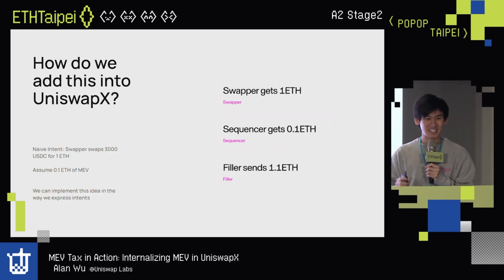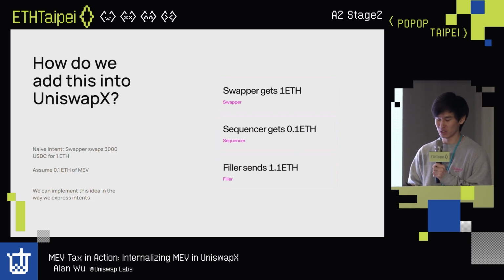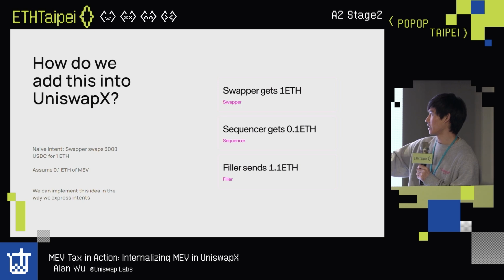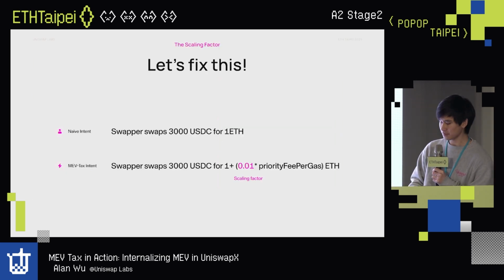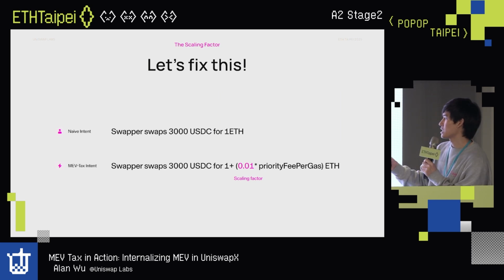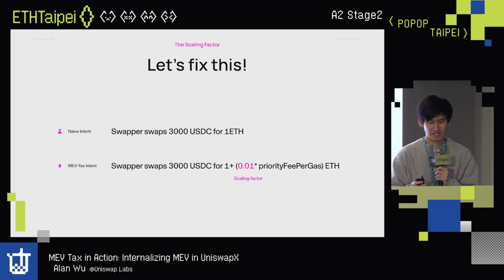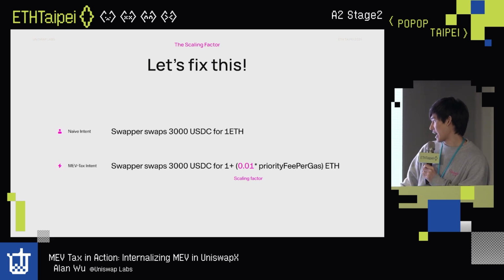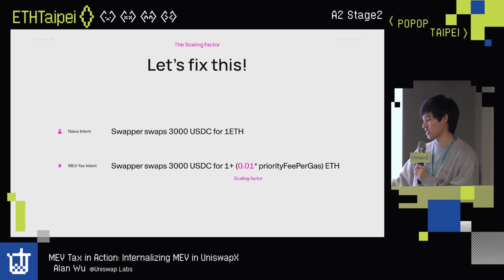Now let's get into how we can implement this into UniswapX. So here is the naive intent we had before. Swapper gets 1 ETH, all the priority fees go to the sequencer, filler sends 1.1 ETH to fill the order. So let's change our intent. Instead of just asking for at least 1 ETH, we can express mathematically that the more priority fee that's used on the transaction, the more output they need to give to the swapper.